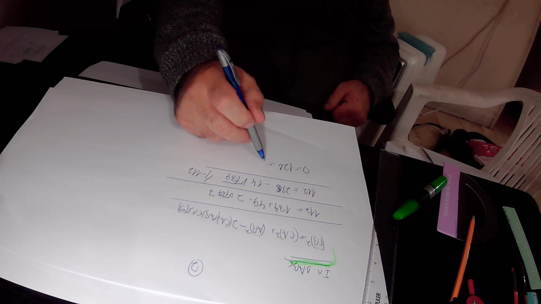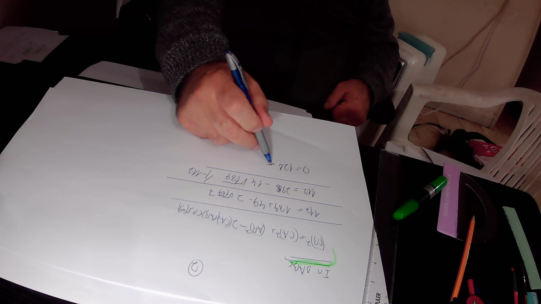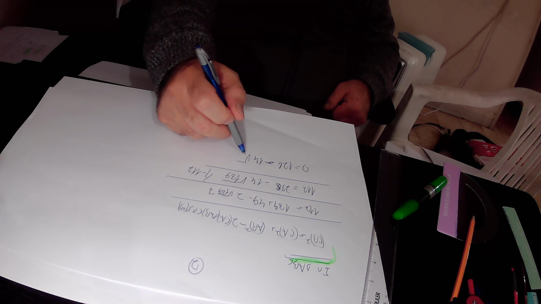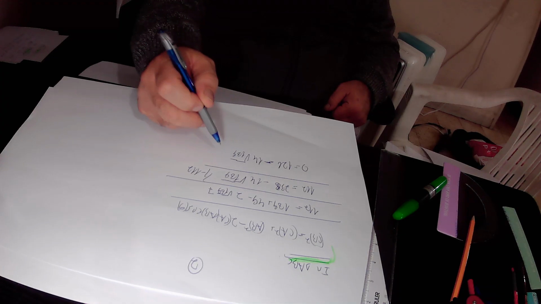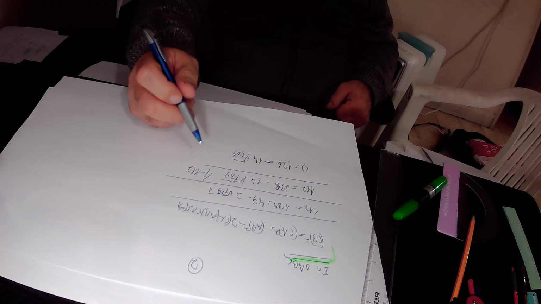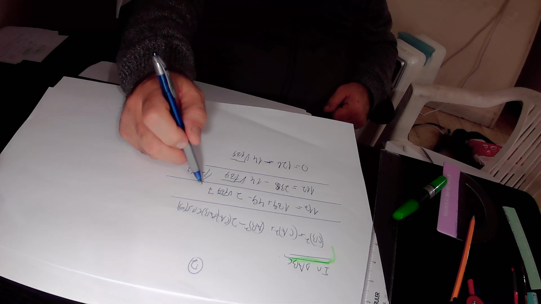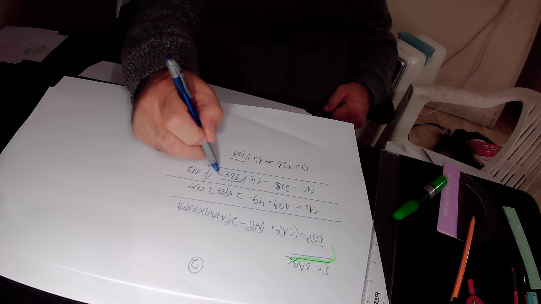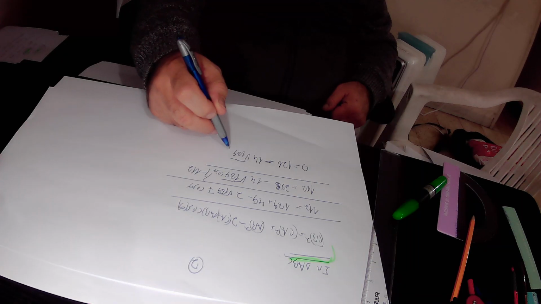And this equals 238 minus 14 times square root of 189 times cosine alpha. Here I forgot cosine alpha. So this is times cosine alpha.